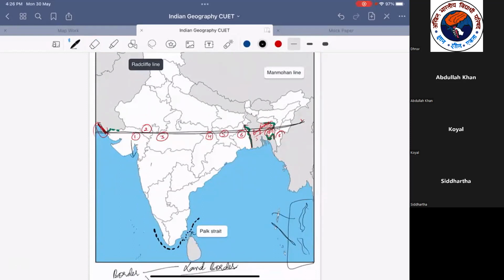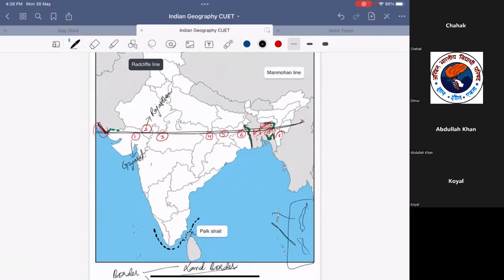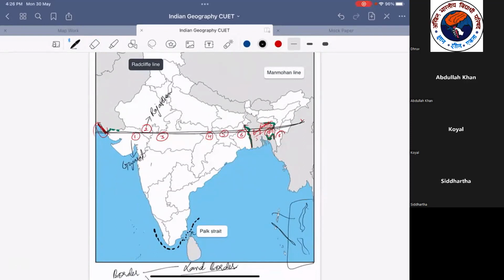You can see the first one is Gujarat. Second one is Rajasthan. Usually the question on this topic will come like this: there will be many states, and it will ask which among these the Tropic of Cancer passes through, or which among these states the Tropic of Cancer doesn't pass through.